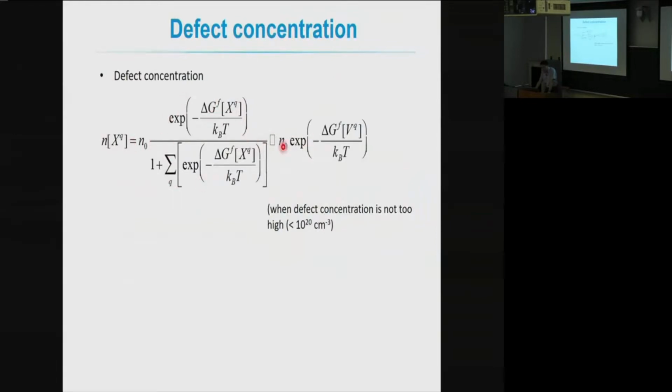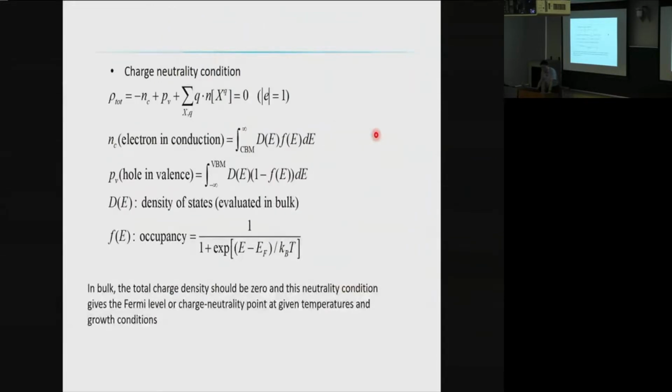For simplicity, when the defect concentration is very low, it is simply the number of lattice sites times the exponential of the Boltzmann factor of the Gibbs free energy. So it gives you the concentration of the possible defect at equilibrium.